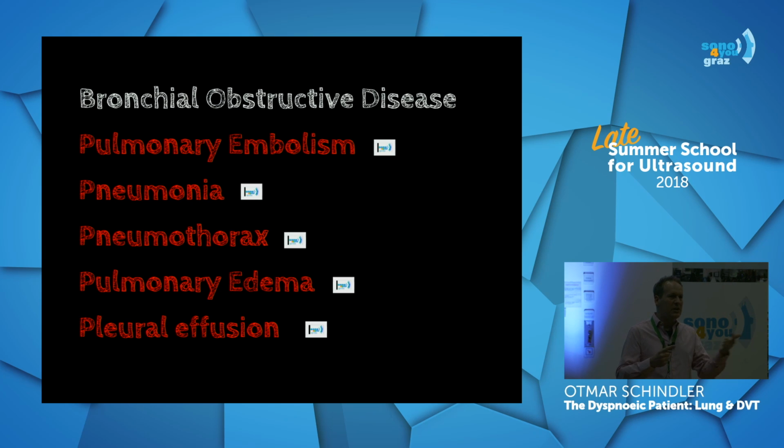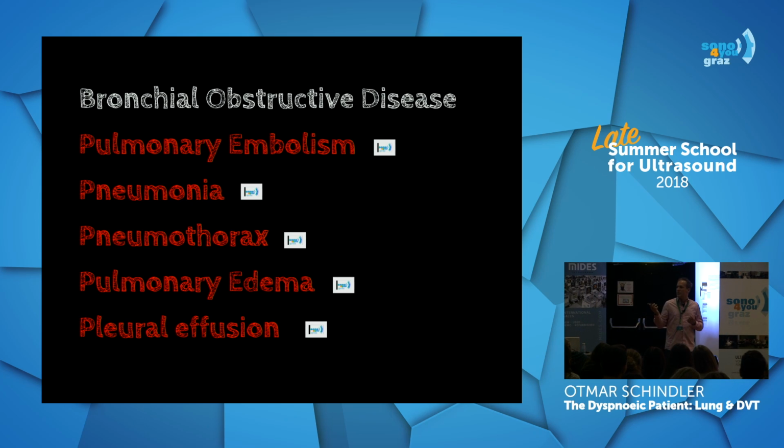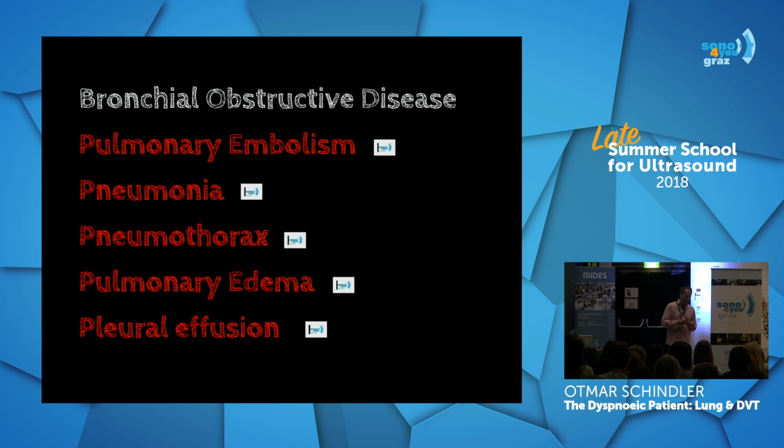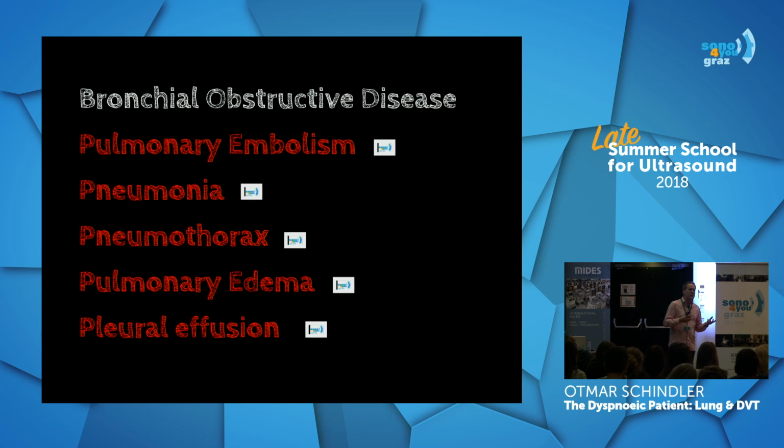Most of them have COPD or asthma. It could also be pneumonia. Winter time is coming, so perhaps the patient who is breathing heavily, who is coughing, could have pneumonia. Pneumothorax is rather something you don't see so often, but if you see it, sometimes you have to react quite quickly. And I'm speaking here mainly of the non-traumatic pneumothorax, so spontaneous pneumothorax or secondary pneumothorax.